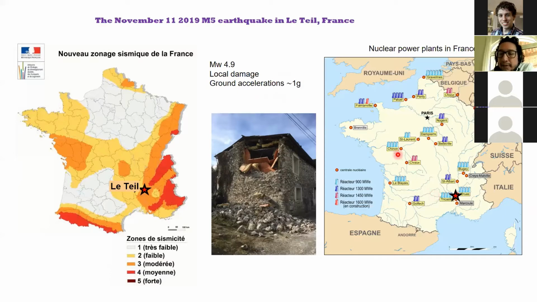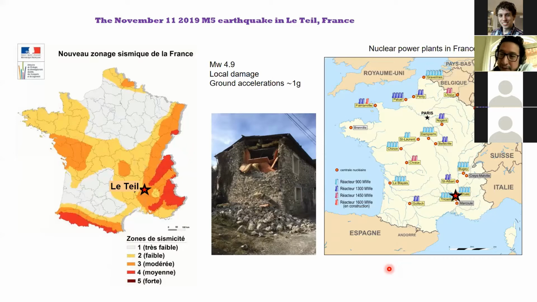And the other important aspect is that the earthquake occurred very close to 2 nuclear plants, Cruas, which is about 20 kilometers north, and Tricastin, which is a little bit further north. So both plants had to be stopped or slowed down for a couple of days to check that nothing bad happened.